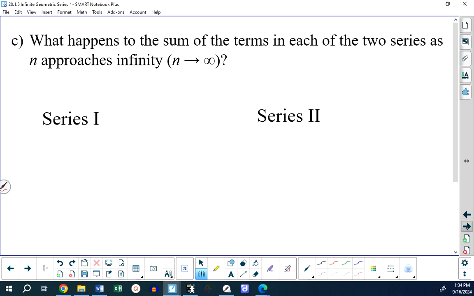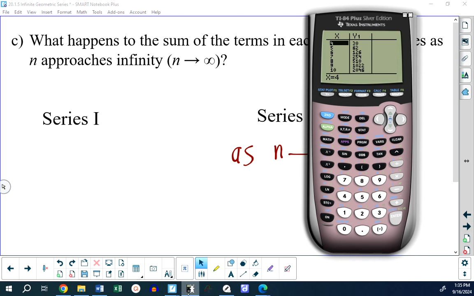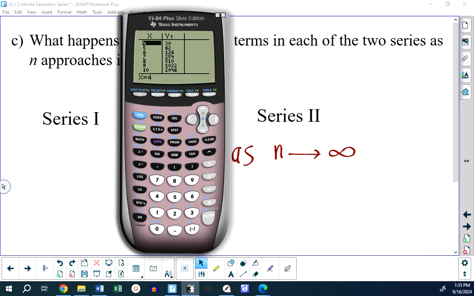What happens to the sum of the terms in each of the 2 series as n approaches infinity? So let's start with series 2. As n gets bigger, that's all this statement means. It means, let's just keep exploring. Let's take our calculator for series 2, and let's just keep going.